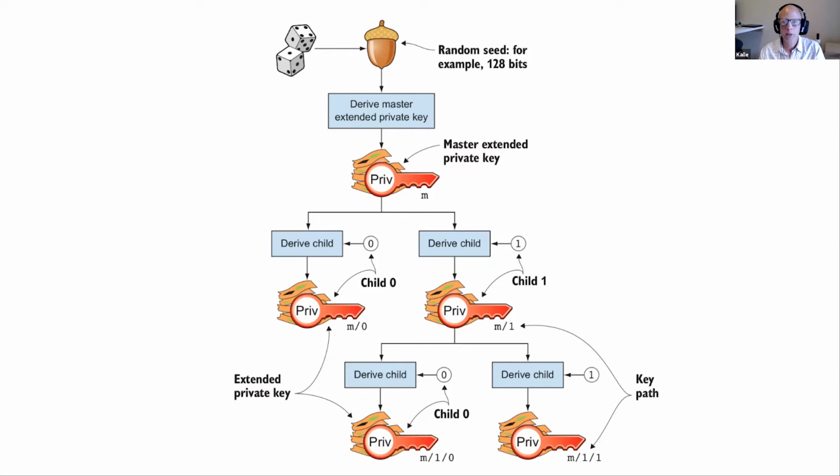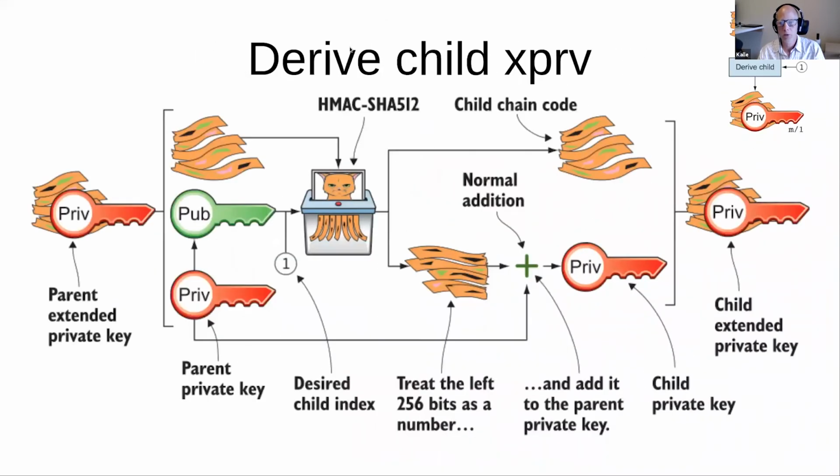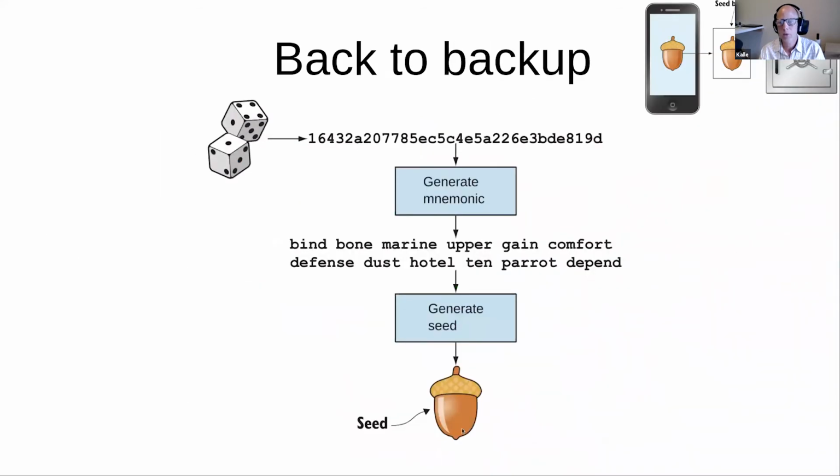So what we can do here is replace this arrow with something else. Instead of going directly from the random number generator to the seed, we do some intermediate steps. Suppose that we create this randomness from the random number generator.